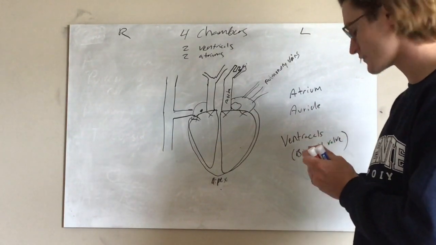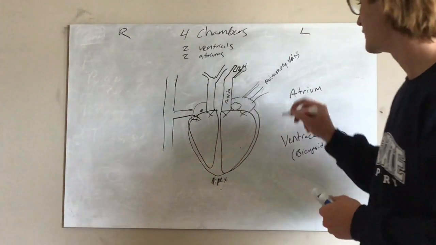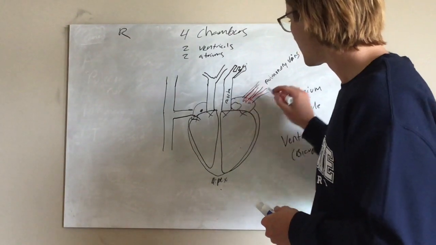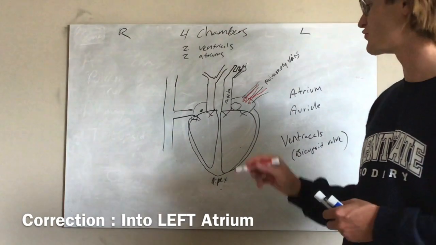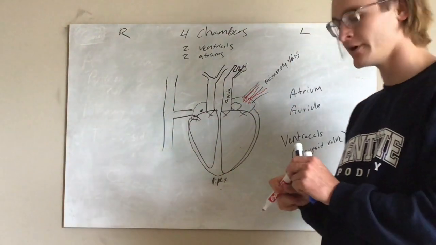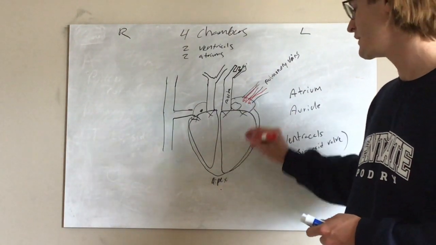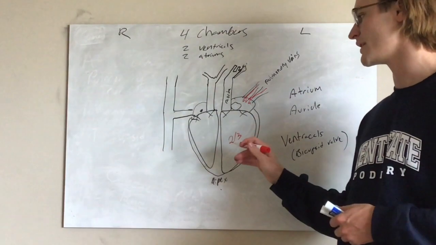I'm going to see if I can switch colors here. I'm going to use red for oxygenated blood. There are 4 pulmonary veins pumping into the left atrium, and it's going to automatically open up this bicuspid valve and go from high pressure to low pressure. This ventricle is empty, so the blood gushes in, and about 2/3 fills with oxygenated blood.